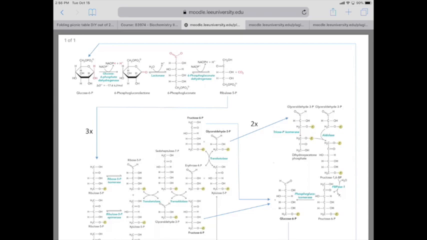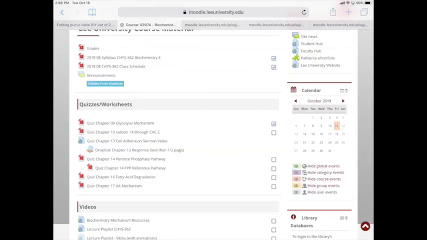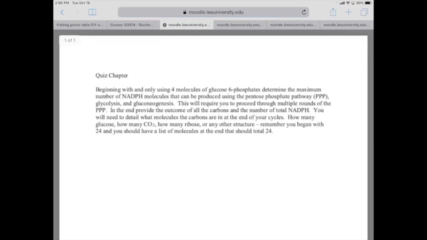So that is helpful, but you guys don't know anything about the pentose phosphate pathway yet, because you just saw me do it. Now you're going to do it.